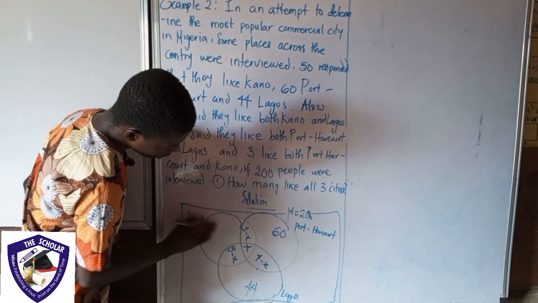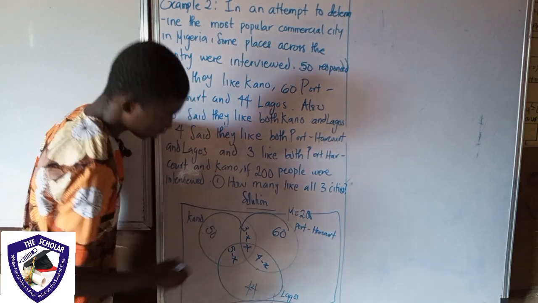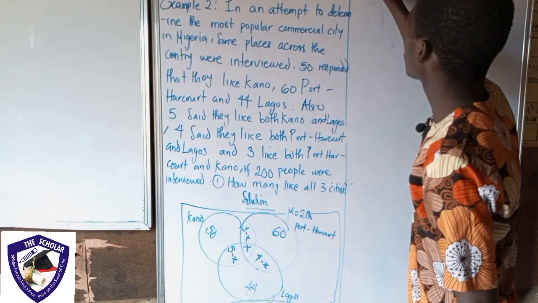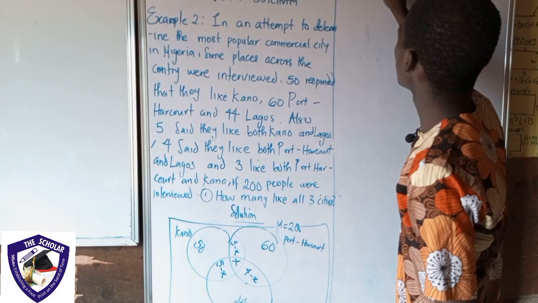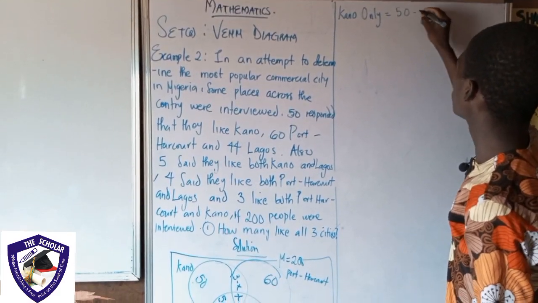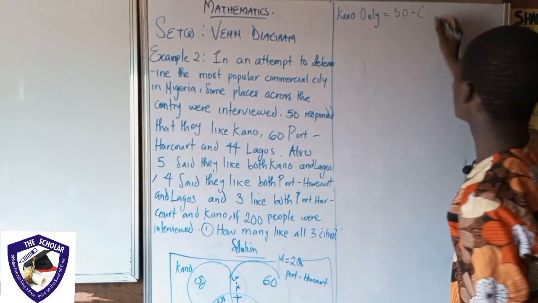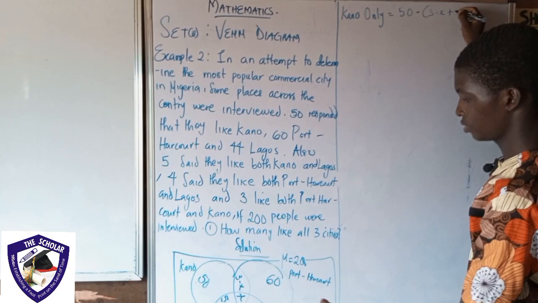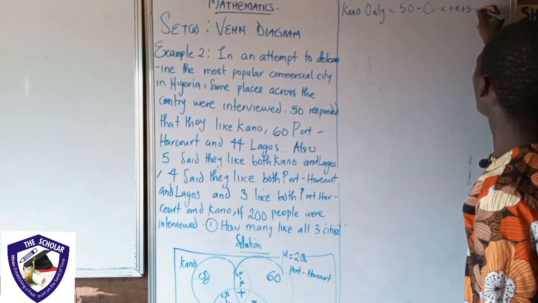So as to manage space, we can just write it on our new side here. So we have the first one, Kano only. We have 50 minus the summation of all these. We have 3 minus x plus 5 minus x.